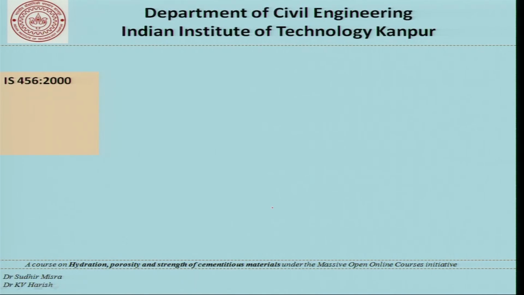As a first example, let us take IS 456, the version of 2000 which we follow in India, and this code classifies the environment into mild, moderate, severe, very severe and extreme. This code tells the designers that for a particular concrete structure, try to understand if the environment is mild, moderate, severe, very severe or extreme, and take appropriate measures which are also defined.